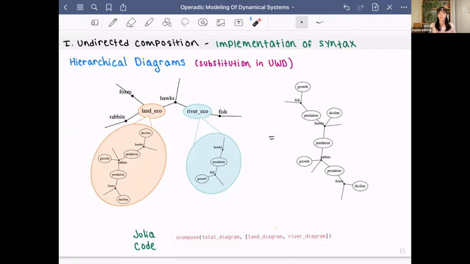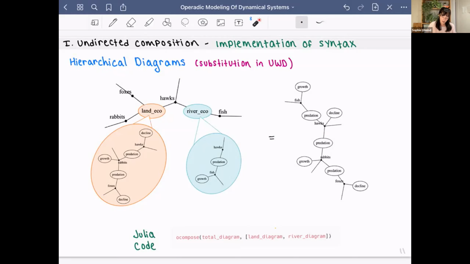So what we want to do is really divide and conquer and break this into smaller pieces, which we can define diagrams for and glue together. So we can define this total diagram, which says we have some land system, which relates rabbits, foxes, and hawks, and we have some river system, which relates hawks and fish. And now for this land and this river system, we can define diagrams of systems that fit inside of these bubbles, which describe the more granular view of the land and river systems.